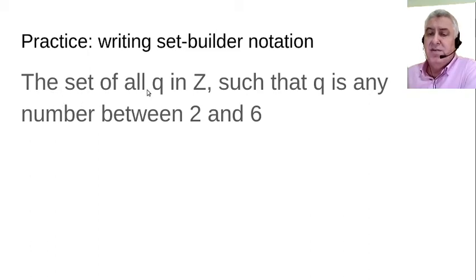So the set of all q in Z, so q is an integer, and we're going to need to use that element symbol right there, such that q is any number between 2 and 6. So we're going to need some greater than or less than or greater than or equal to symbols here. And it's between 2 and 6, so it doesn't include 2 and 6. Go ahead and try and write that out. Do your best.